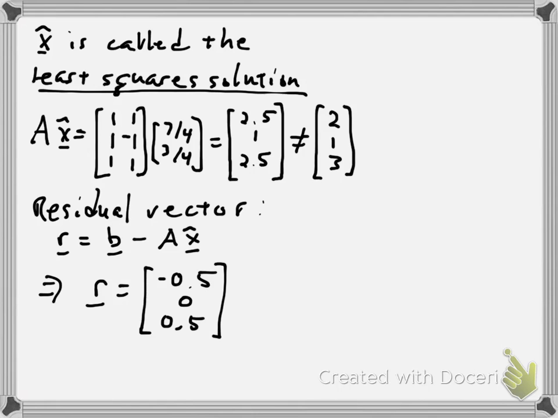Using the 2 norm, we can compute the 2 norm of this residual vector, which is just the square root of a sum of squares. We'll just do it specifically for this problem.